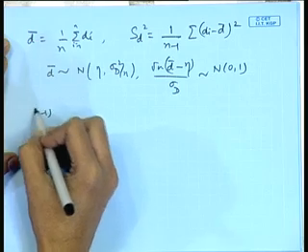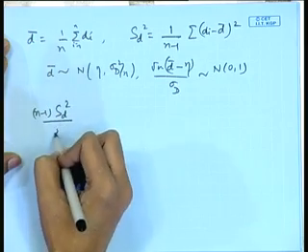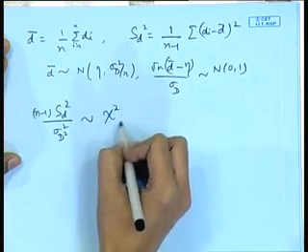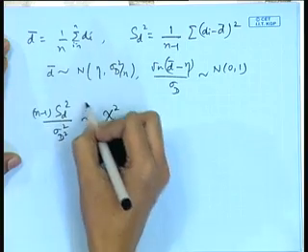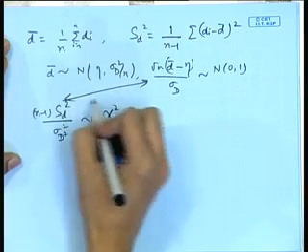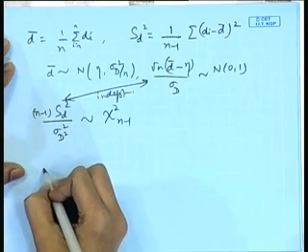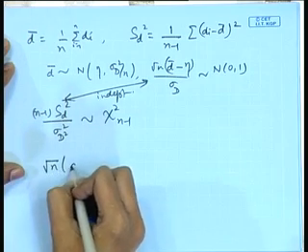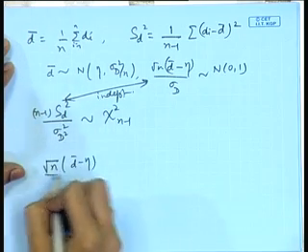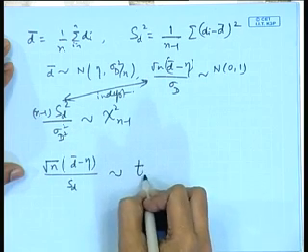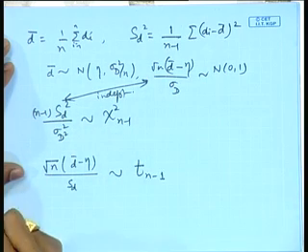Also (n minus 1) s d square by sigma d square will follow chi square distribution on n minus 1 degrees of freedom, and once again these two variables will be statistically independent. So, using this we can write square root n (d bar minus eta) divided by s d will have a t distribution on n minus 1 degrees of freedom.